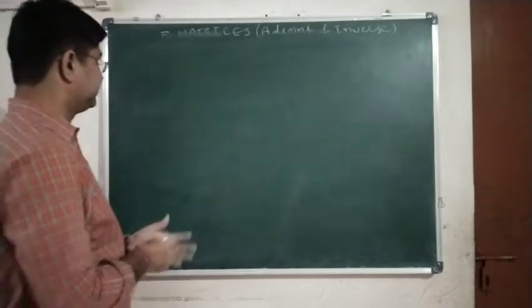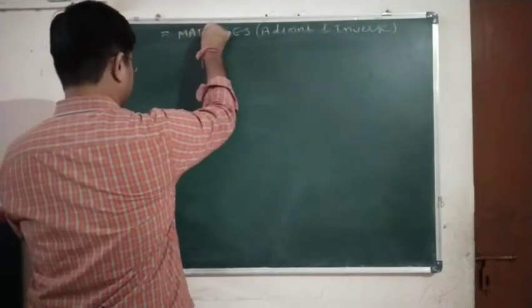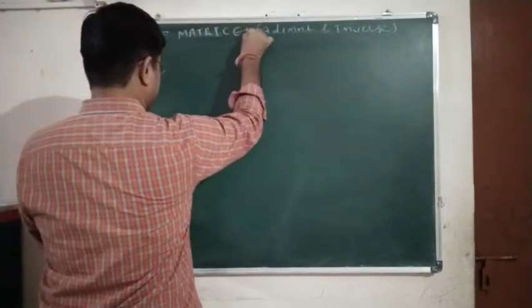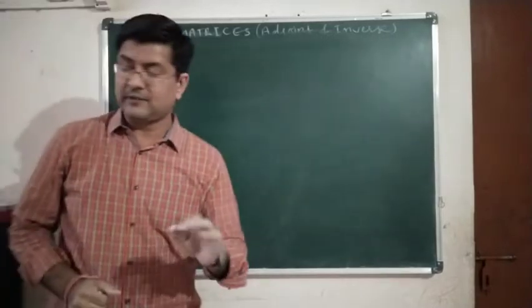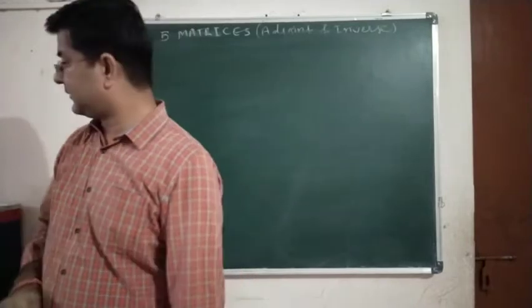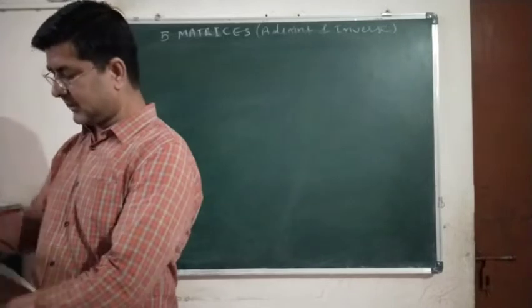Okay, so in order to understand this elementary row transformation better, let us take one example of a matrix and find the inverse using the elementary row transformation.